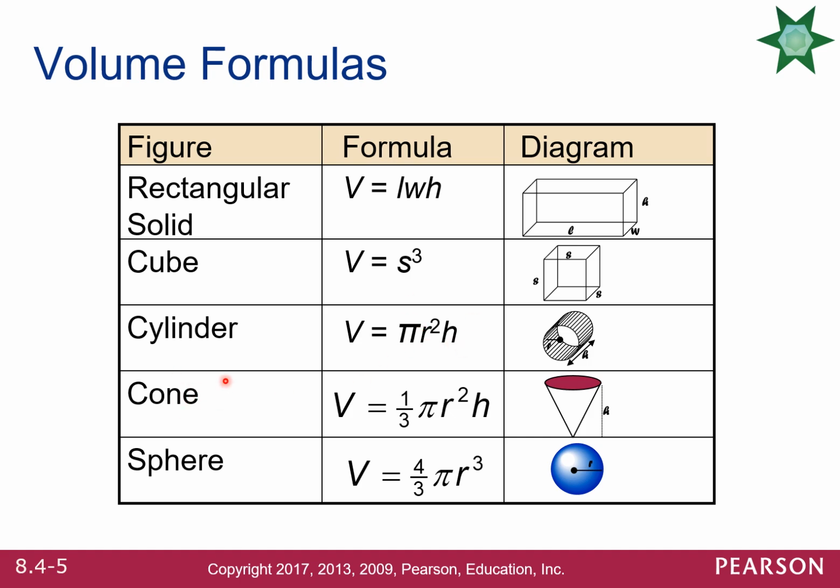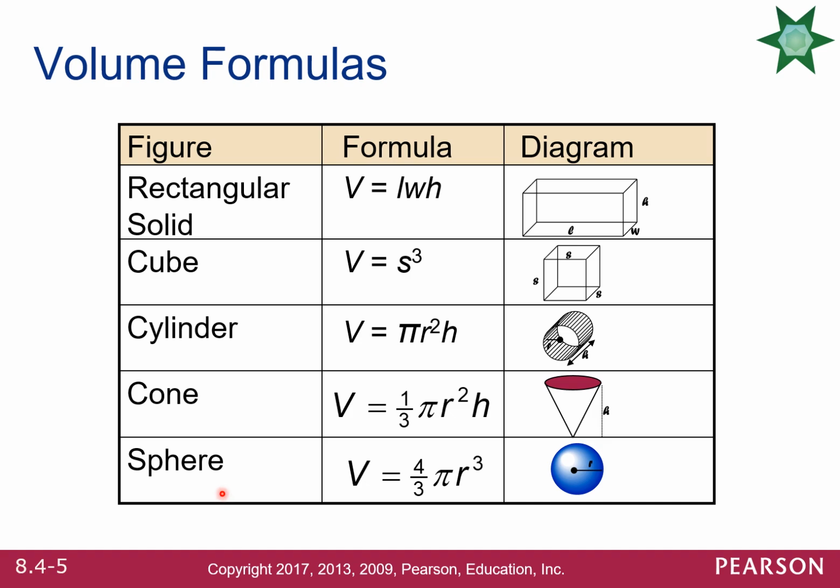Then a conical figure, a cone, is 1/3 of the formula for the volume of a cylinder. So 1/3 pi r squared h. A cone will have a volume which is 1/3 of a cylinder with the same height and the same radius.